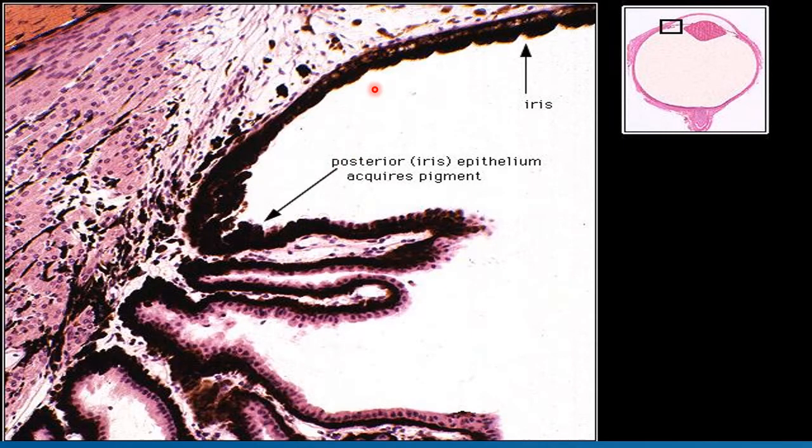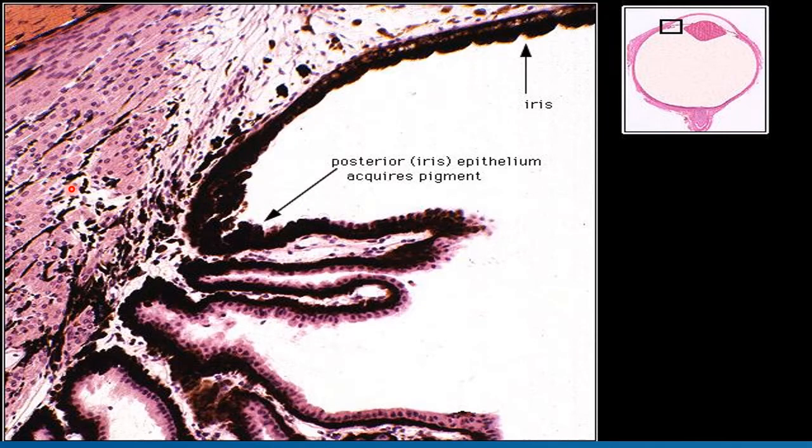In this closer view, you can see the area of the sclera, the fibrous tissue, and this is taken from the area of the corneoscleral junction, which is the limbus. You can also appreciate the ciliary muscles along with melanin pigments.